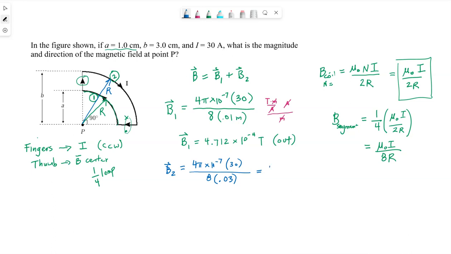For this one, I'm getting 1.5708 Teslas. Now the right-hand rule, since the outer loop is also a curved portion of an overall loop, if I put my fingers such that my fingertips are pointing clockwise in the direction of the current, my thumb points away from me, or towards the screen.